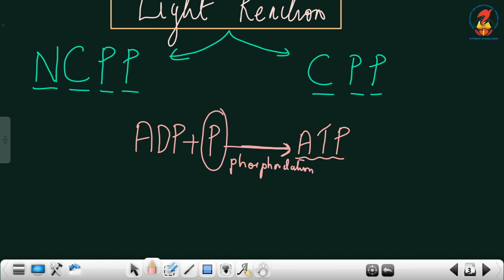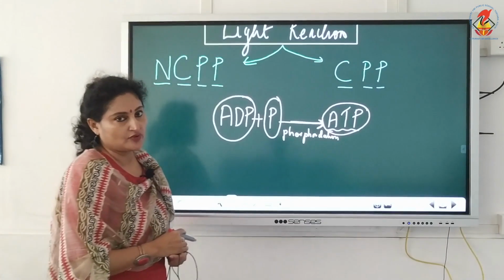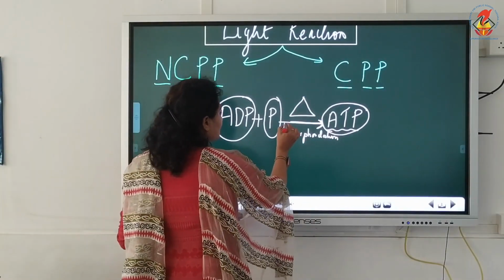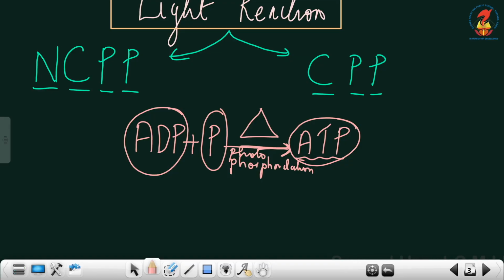The addition of phosphate to adenosine diphosphate to form adenosine triphosphate is known as phosphorylation, and this occurs in the presence of sunlight. Therefore, it is called photophosphorylation. So definitely in NCPP and CPP this event is occurring, that is ADP plus P in the presence of sunlight forms ATP.